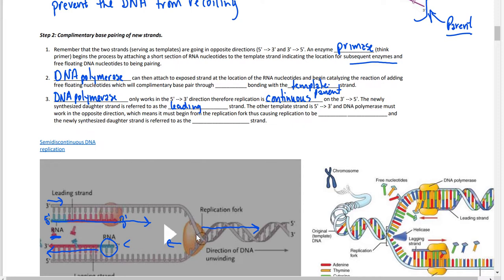So let's watch this video here in a second and we'll see exactly what's going on. But long and short, the DNA polymerase must work in the opposite direction, which means it must begin from the replication fork, thus causing replication to be discontinuous. And we refer to the newly synthesized daughter strand in this section as the lagging strand.